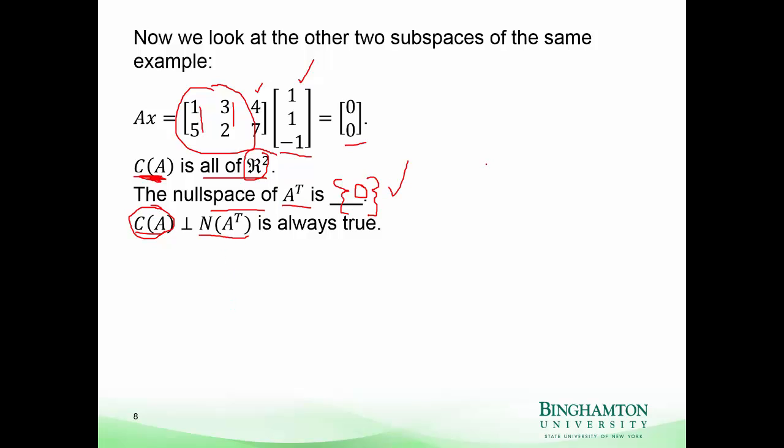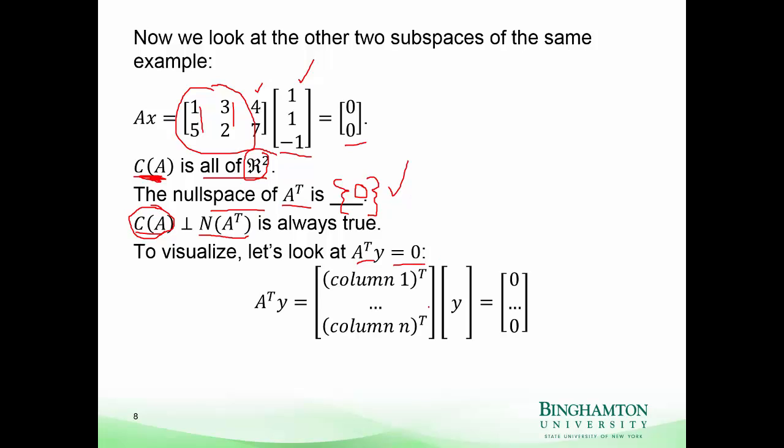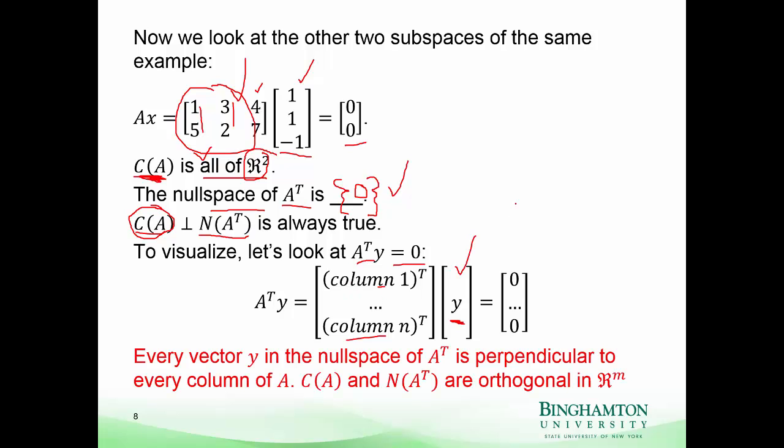So we can puzzle that out yet another way. We can also look at A transpose Y equal to 0 and think about how to solve that. That just means that whatever vector Y is, it has to be orthogonal to all of the columns of A. And again, since those columns span R2, the only way to do that is if Y is equal to the 0 vector.